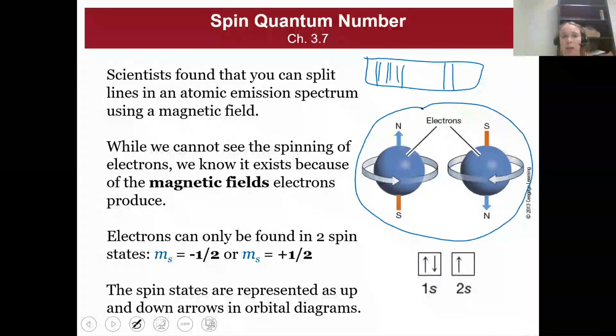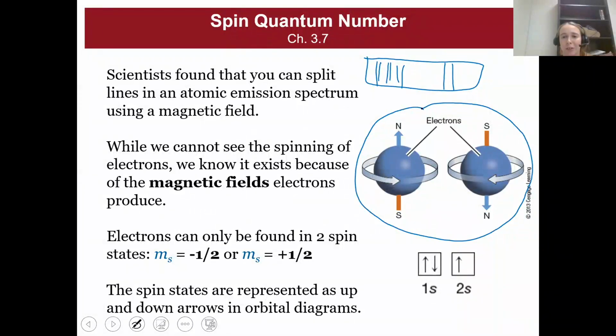So because we know that there are magnetic fields, because we can show them using our atomic emission spectrum, then we go backwards and can say that the electrons must be spinning for them to be making magnetic fields. Okay, so this is what the spin of the electrons looks like and how it makes a magnetic field. So when it's spinning counterclockwise, our magnetic field points up towards north. And if it's spinning clockwise, our magnetic field points down towards north.